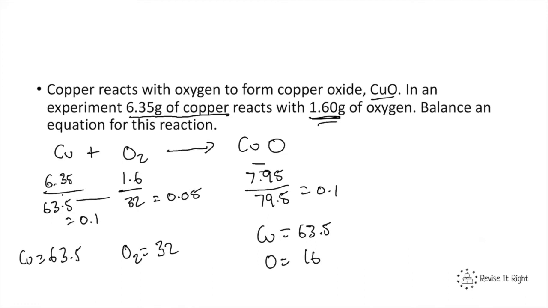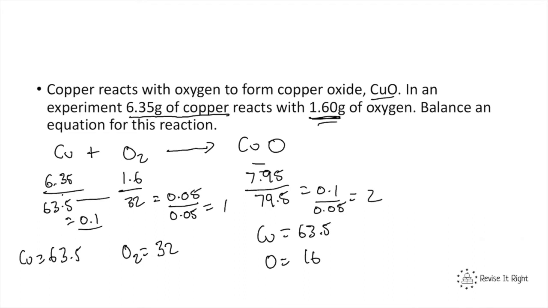They have to be whole numbers. So to get them into whole numbers, to work out the ratio, we again divide them by the smallest number. The smallest number here is 0.05, that's smaller than 0.1. So we'll do 0.05 divided by 0.05, which again just gives us 1. 0.1 divided by 0.05, if we put that into a calculator, we get 2.